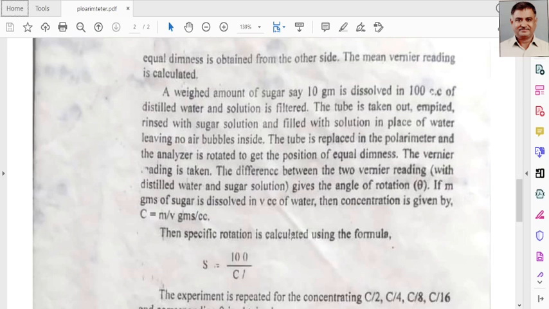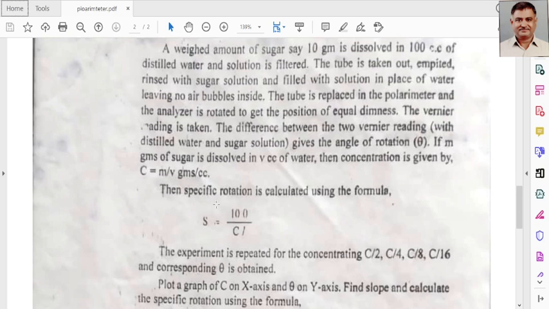See, if m grams of sugar is dissolved in water, then the concentration is given by C equals m by V grams per cubic centimeter. Then the specific rotation is calculated using the formula discussed above.